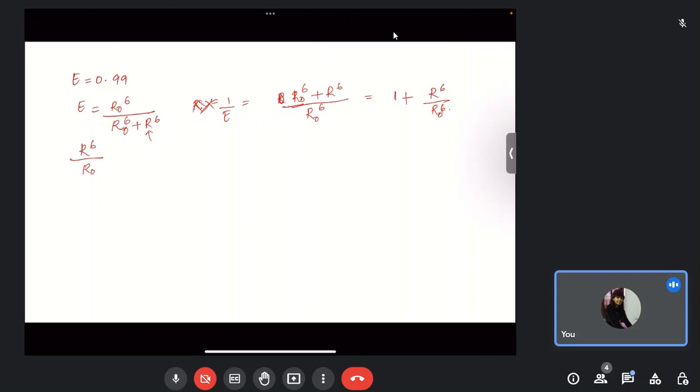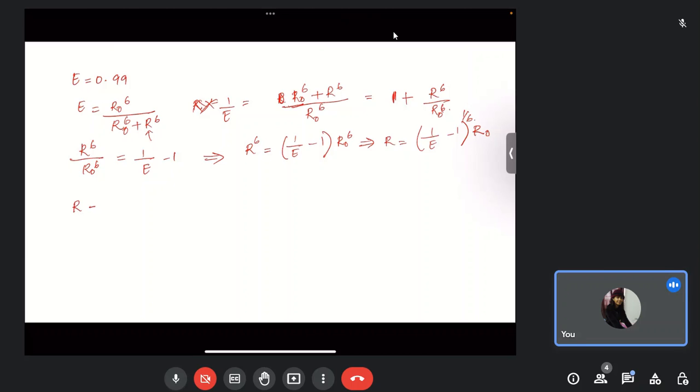Taking the 1 to the other side, R raised to 6 is equal to 1 by E minus 1 times R0 raised to 6, which implies R is equal to 1 by E minus 1, raised to 1 by 6, times R0.